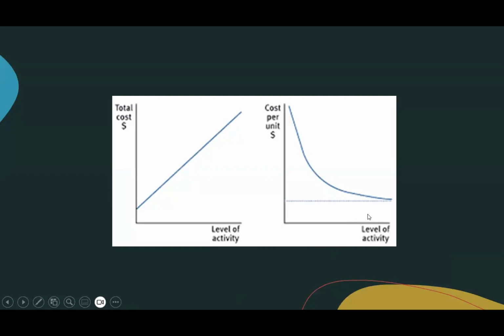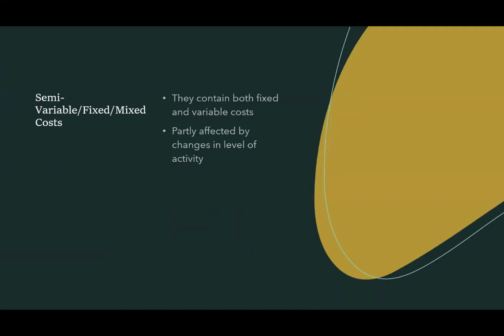But if you look at the second graph, which is per unit, in that case, you see that the cost per unit is going down. But I have made a line over here that it will not go below the variable cost per unit. Now, if you compare it with the fixed cost per unit graph, I'll show it to you.